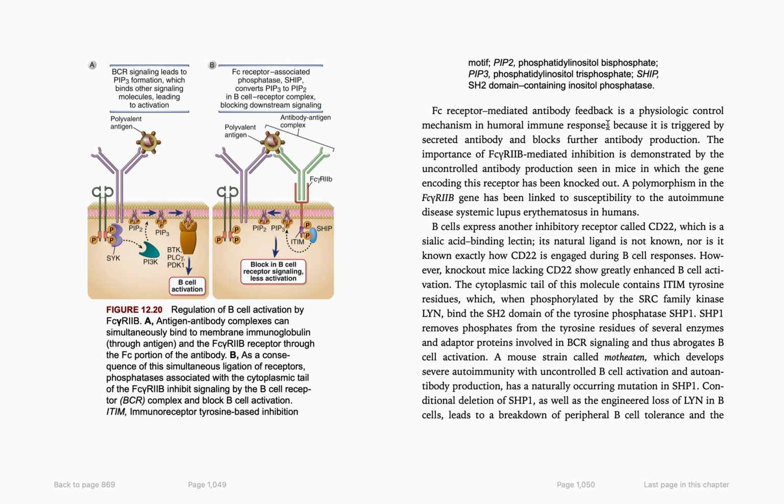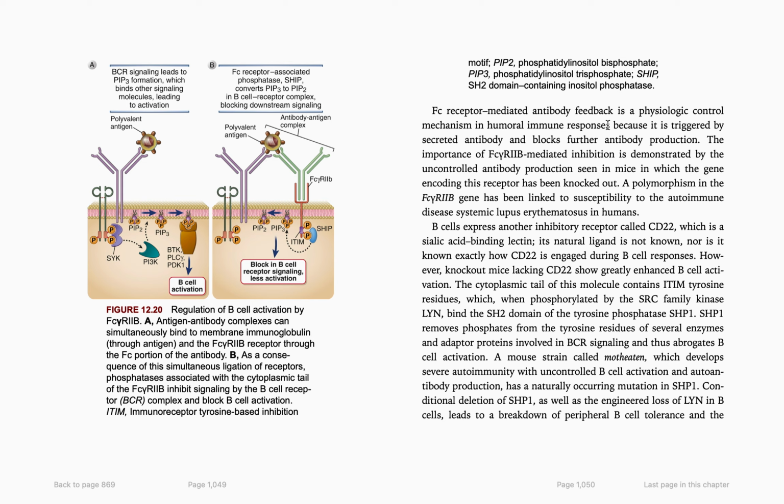B cells express another inhibitory receptor called CD22, which is a sialic acid-binding lectin. Its natural ligand is not known, nor is it known exactly how it is engaged during B cell response.